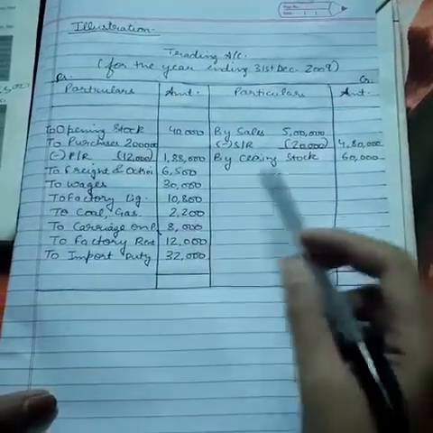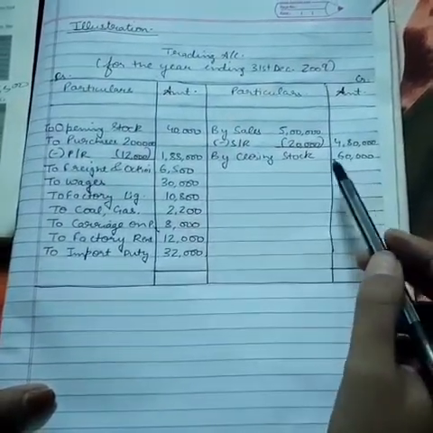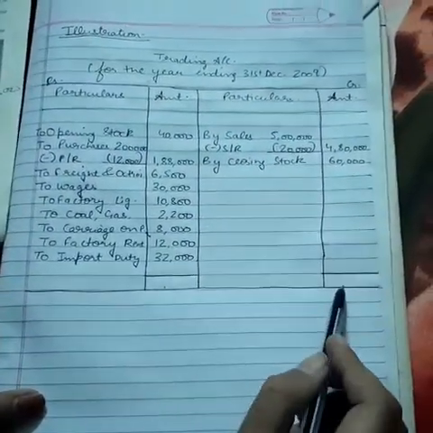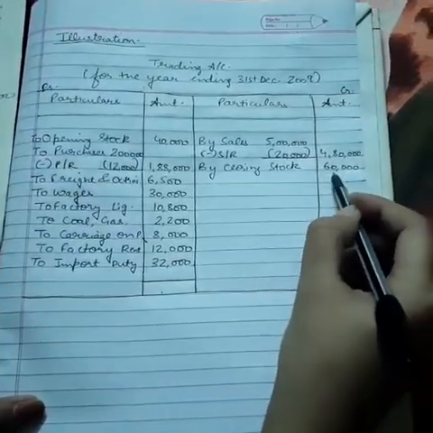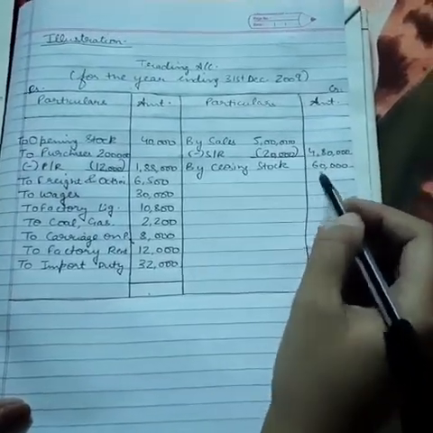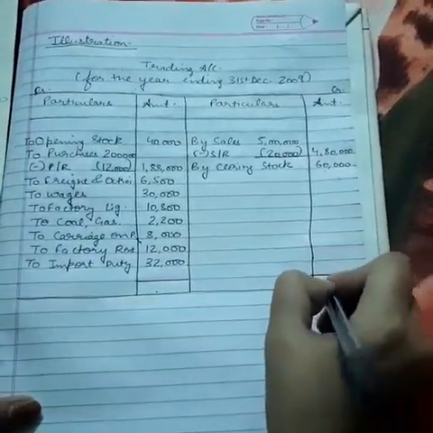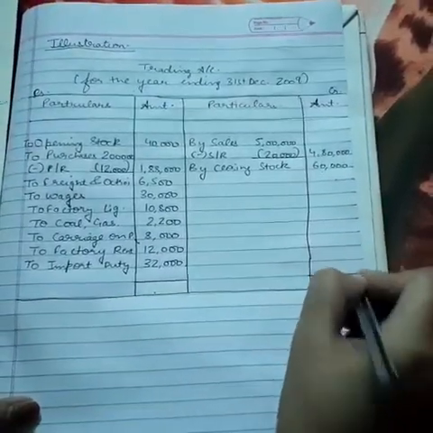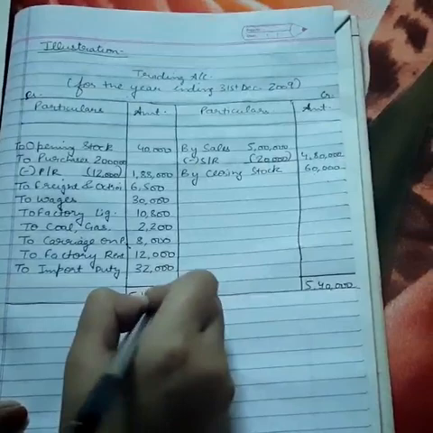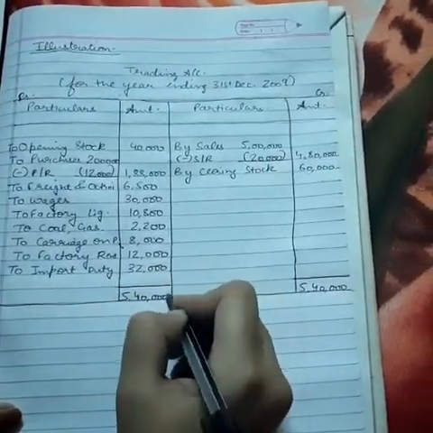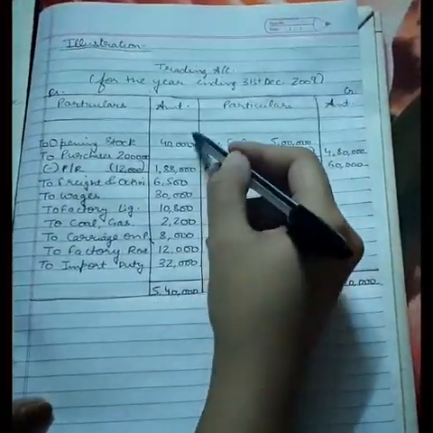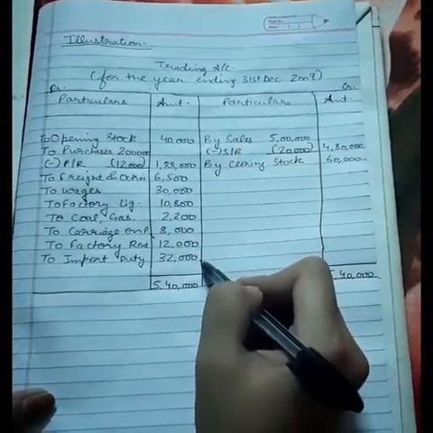Now the amount of the side which is more is shown in the total. This is 5,40,000, which is more than this. We will be writing 5,40,000 on both the sides. And then from 5,40,000, we will be deducting all these items.